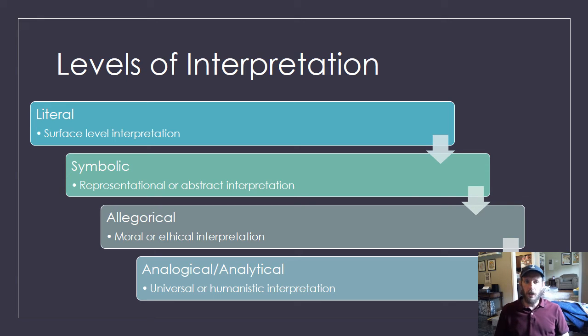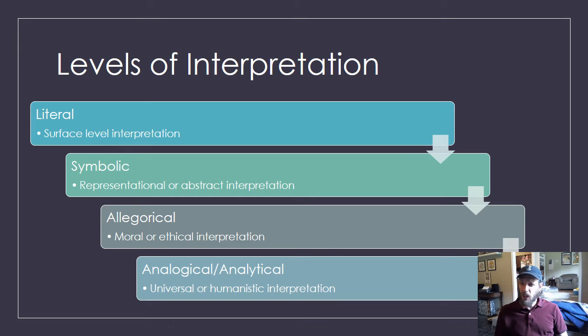There's the symbolic. What does it represent? Right now, we're already bringing our values, our experiences, which are evaluative, to the description, to create an interpretation. The allegorical level is where we're going to get into moral or ethical interpretations.